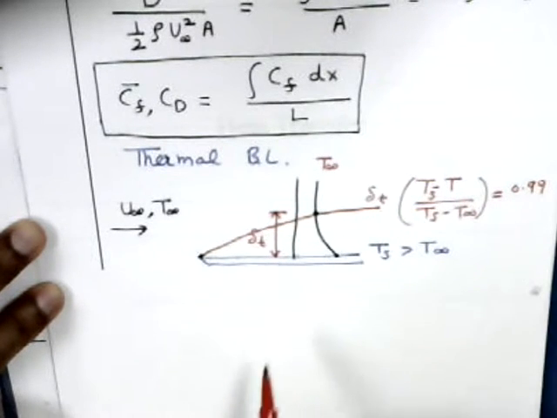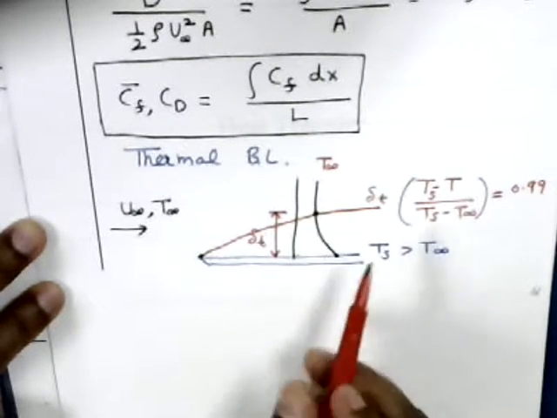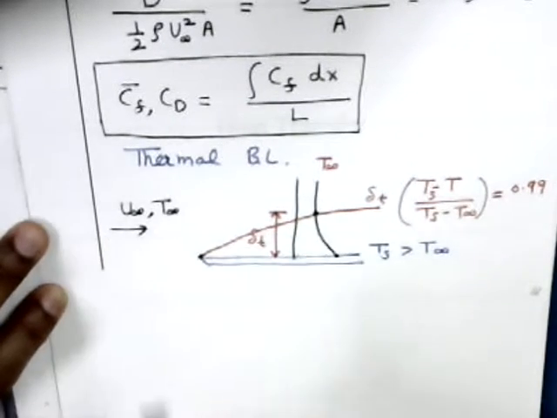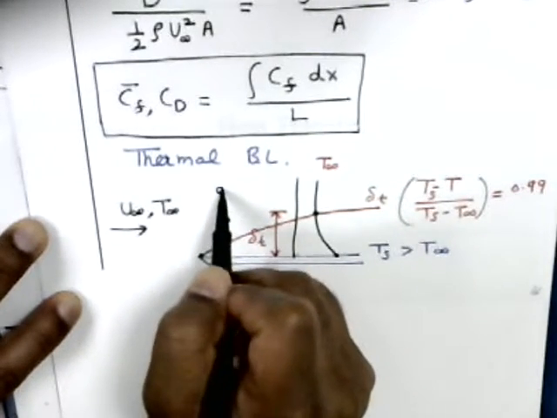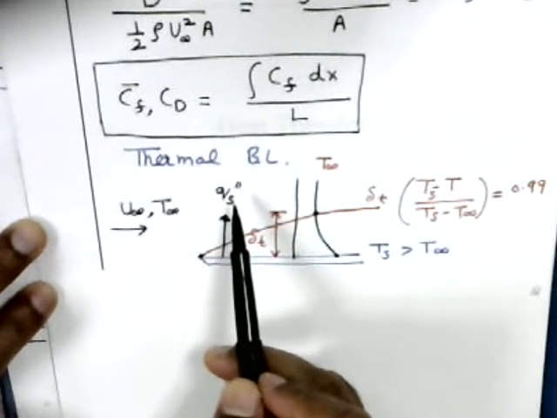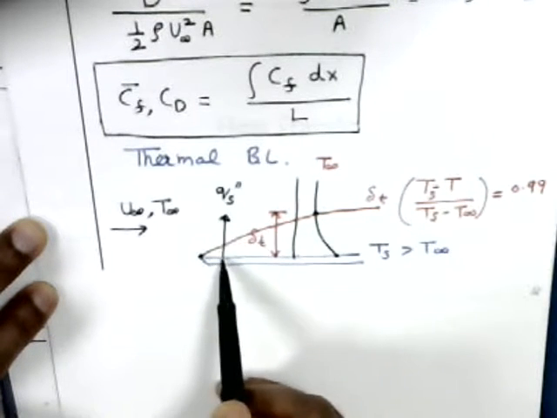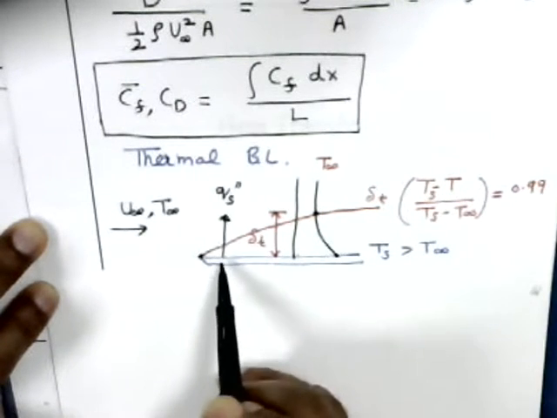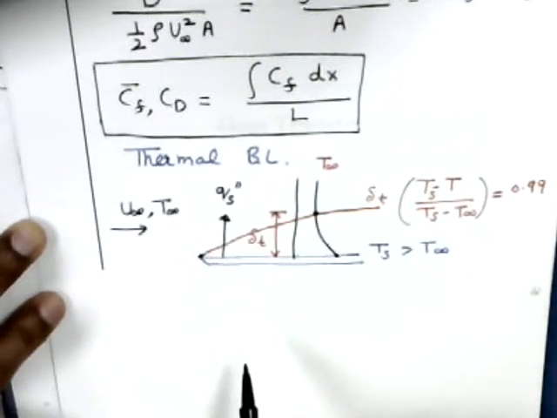Because the fluid is at rest here, there is heat transfer from the surface to the fluid. This is the direction. I'm writing this as Qs double prime. The double prime indicates flux, so I'm taking it per unit area. This is the rate of heat transfer, or heat flux, from the surface. At the surface right here, it is entirely due to conduction, because at this location the fluid is at rest because of the no slip condition.